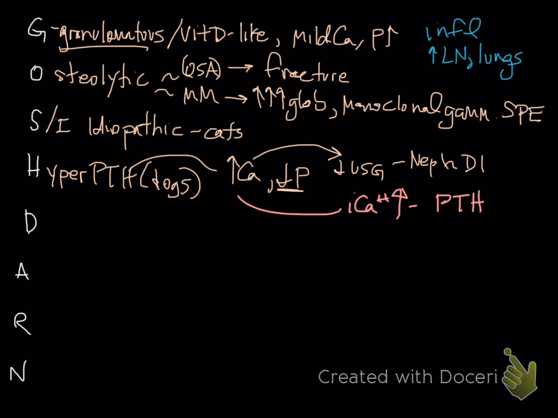But what would be diagnostic for hyperparathyroidism is that you have a high ionized calcium and it's due to an increase or even a normal PTH, because that would be an abnormal finding. So it's this increase in PTH from the tumor that is causing the ionized calcium increase. So that is how you would diagnose that. And that is primary hyperparathyroidism. There are secondary types of hyperparathyroidism, which is different.